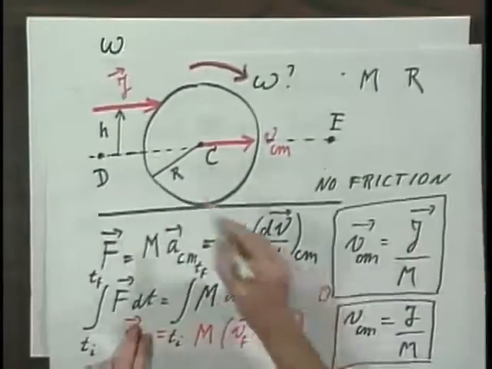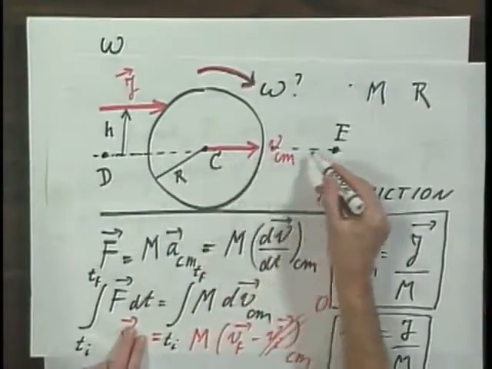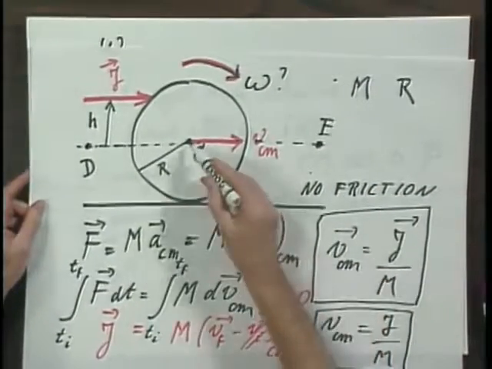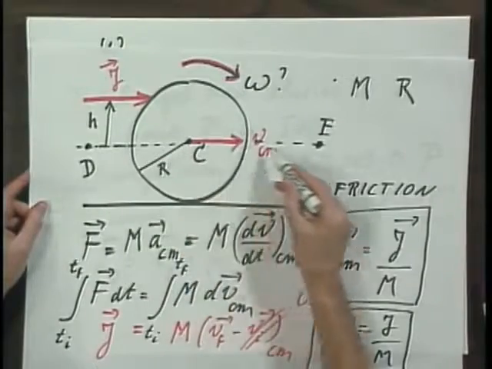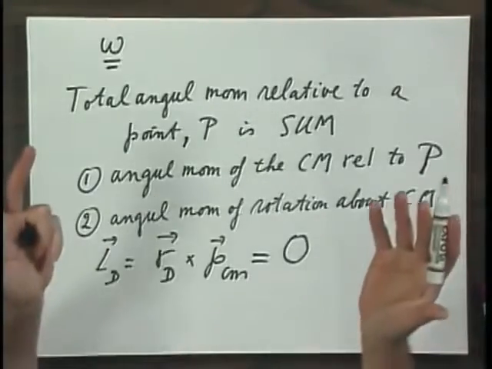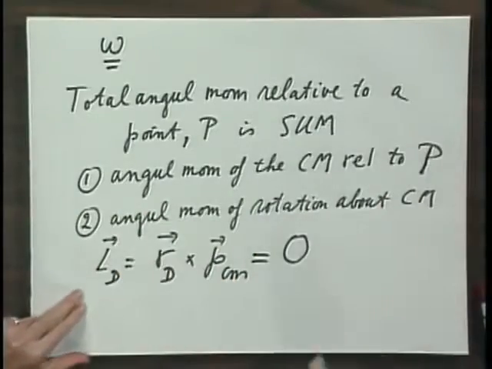If I choose any point on this line, the angular momentum of the center of mass relative to any point on this line is 0. So that's why it may be beneficial to choose such a point, because that contribution 1 will then completely disappear. And I think it would probably be the fastest way to solve this problem. But you don't have to choose a point on the line DCE. You don't have to. All right, so this component is not there.